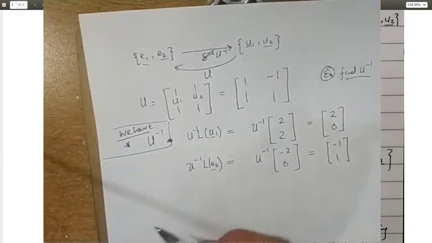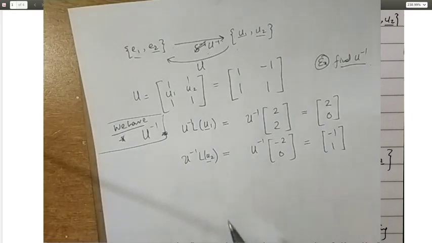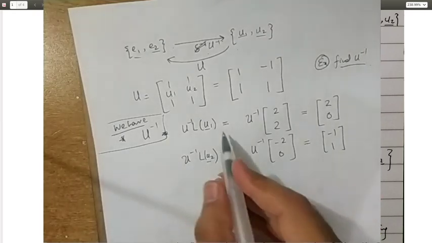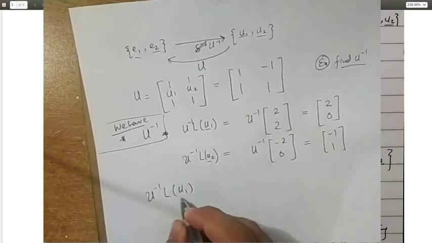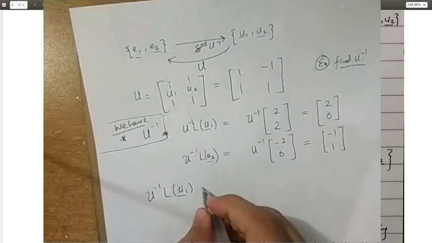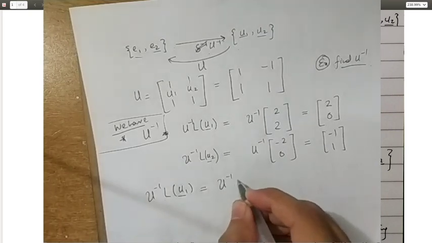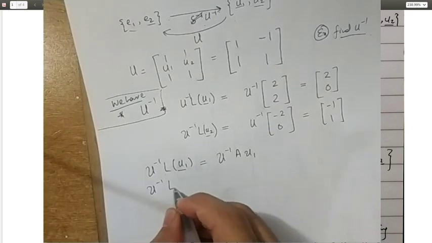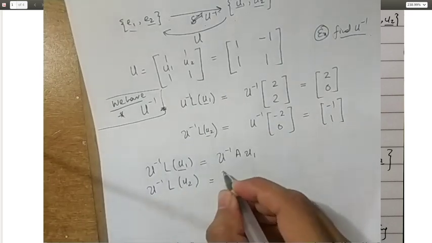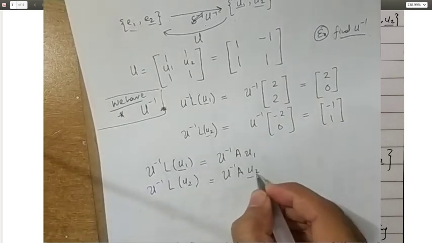Now I can write this. Consider that L of U1 was simply found by multiplying A with U1, and U inverse L of U2 was found by U inverse A U2.